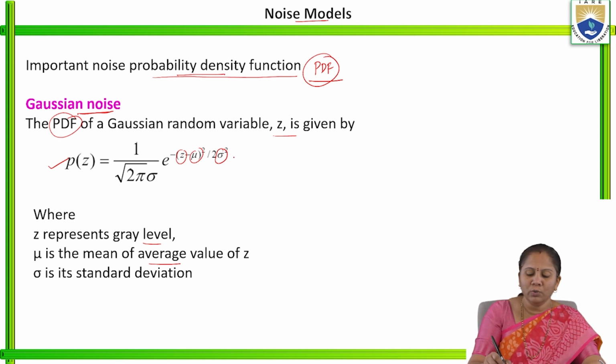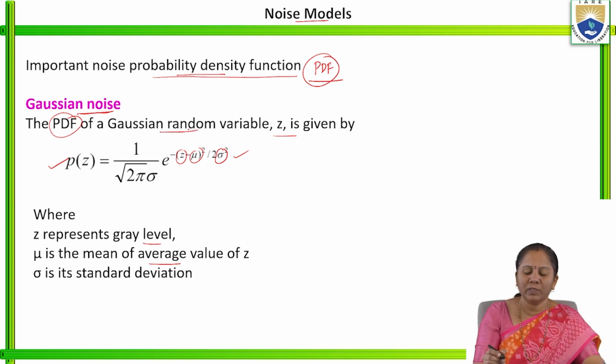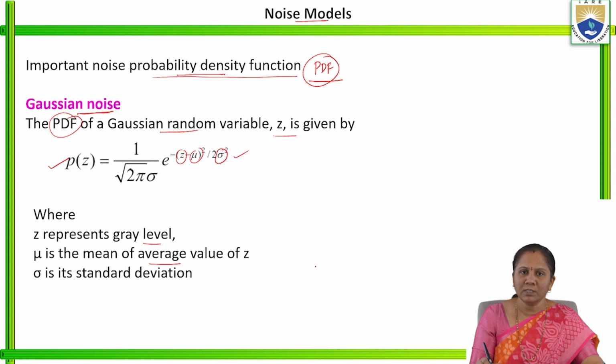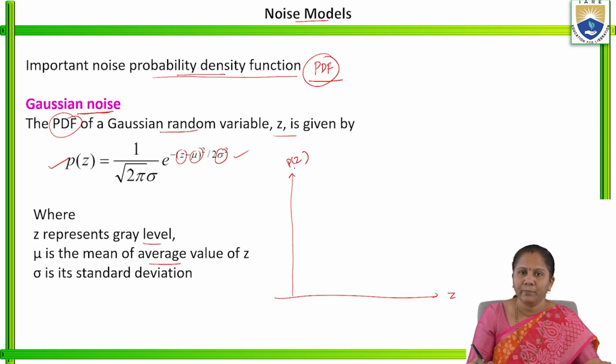Now, using this equation, how can we represent the probability density function for Gaussian noise? This is Z and P of Z. So we can draw the graph of the probability density function.